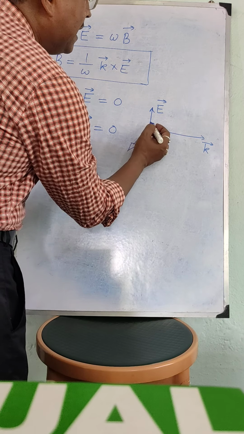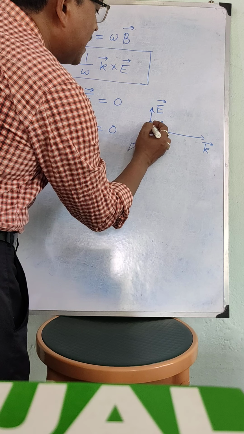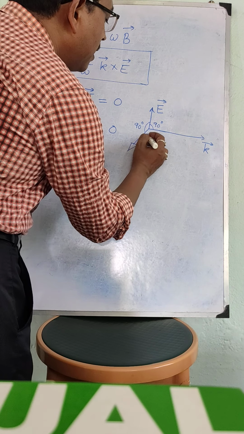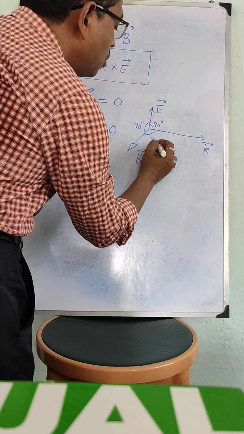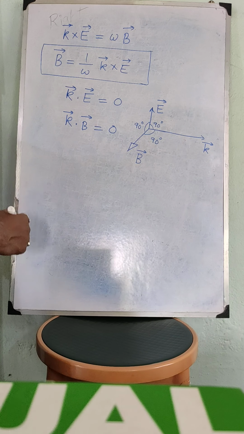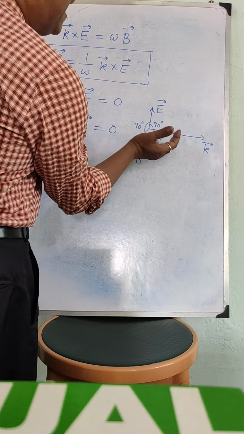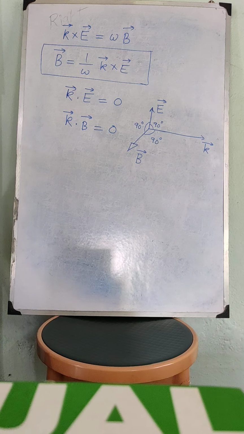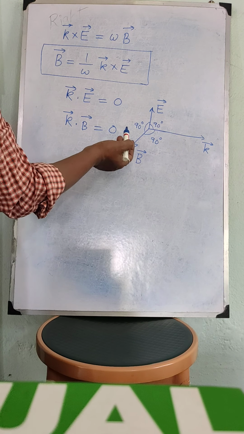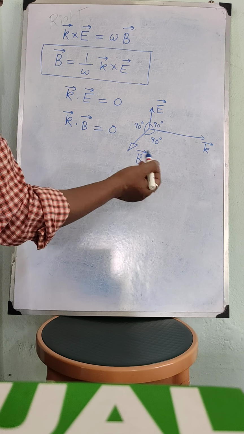This angle is 90 degree, this angle is also 90 degree, and this angle is also 90 degree. So e, B and k are mutually perpendicular, and k cross e is given by B vector. So we have got the mutual angles between electric field, magnetic field and propagation vector.